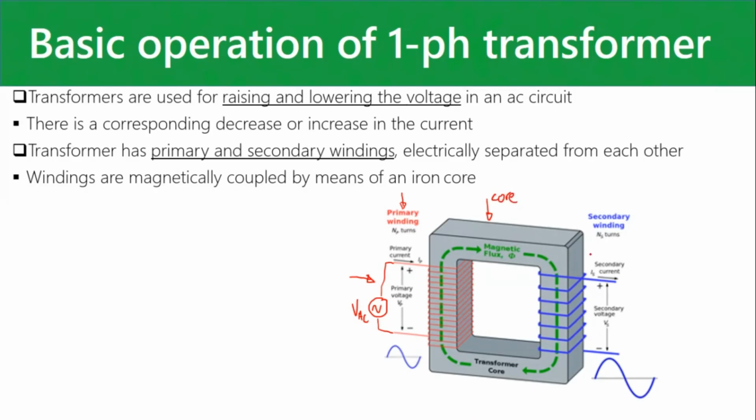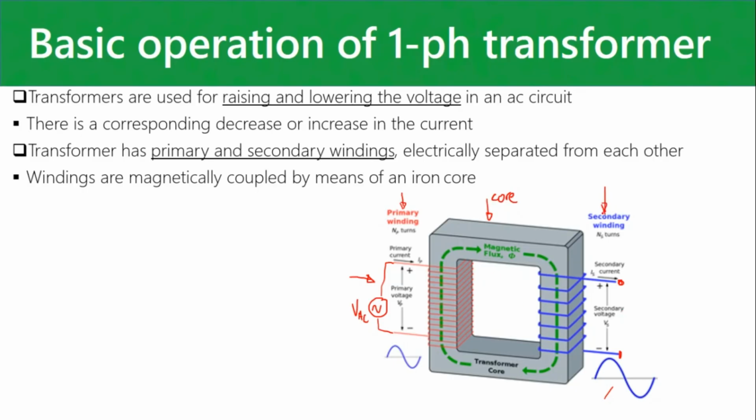Then on the secondary side, or the output, you'll also get an AC waveform of the voltage. At the moment, the terminals on the secondary side are open circuit, so there's no load connected yet. That's called the secondary winding.